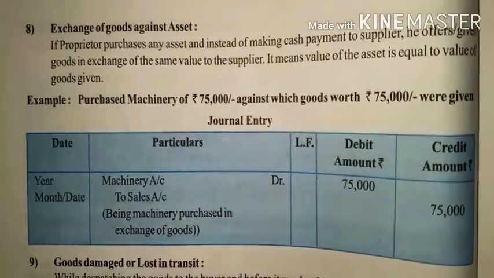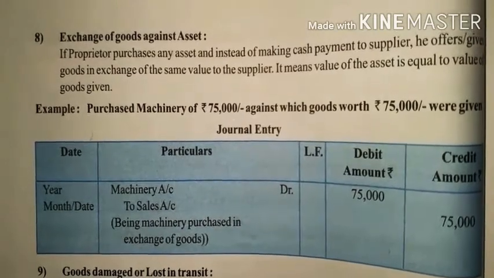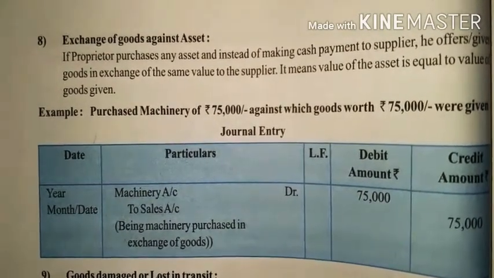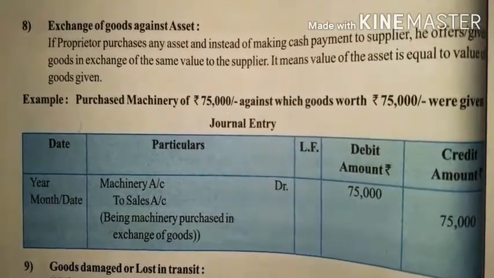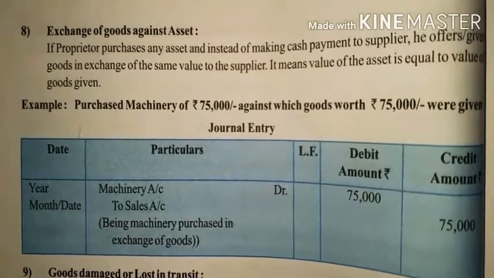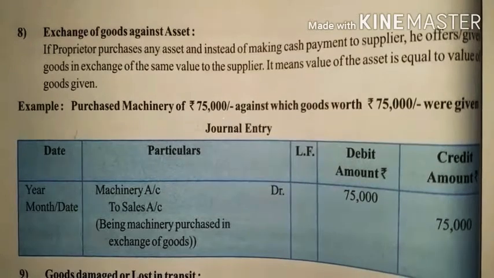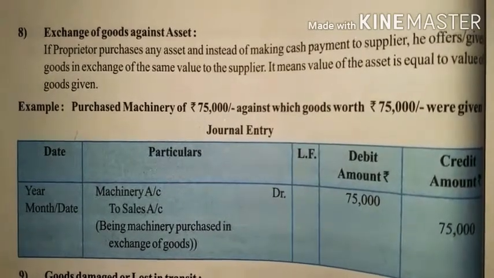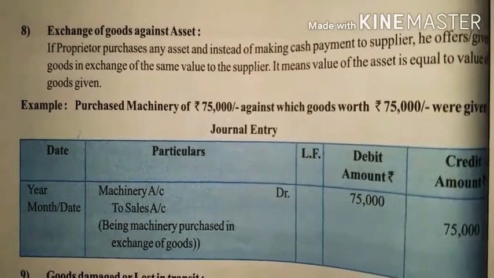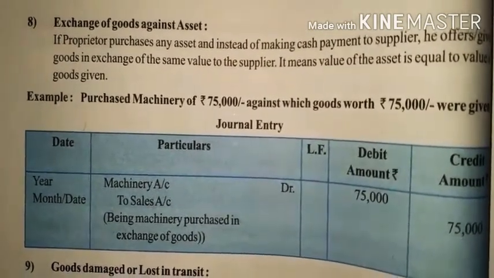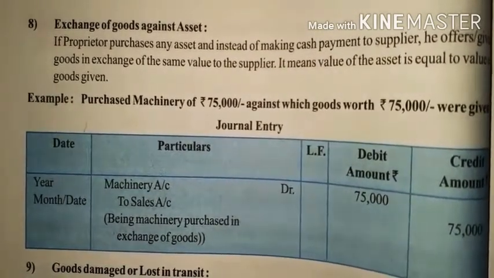Now, if the proprietor has purchased goods from the supplier, instead of making cash payment or credit payment, he offers the seller goods in exchange equal to the amount of the purchases he has made. That is called exchange of goods against asset. As if you have purchased an asset and the same amount in goods you are giving to the supplier, that is called exchange of goods against asset.